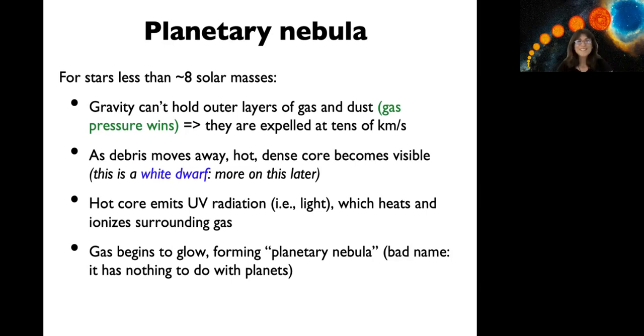Now, why is it that when there is fusion outside of the core, that's when gas pressure wins? I think you will have to take my word for this, but fusion in shells happens at a really, really, really hot temperature, and at a really fast and furious pace, much more than you ever get in the core of a star.